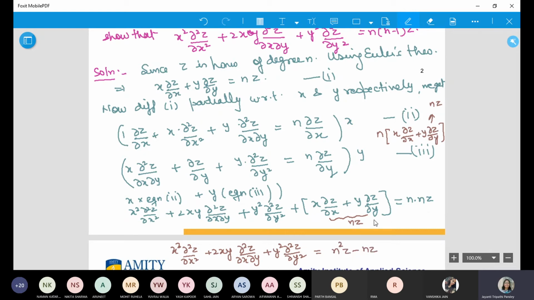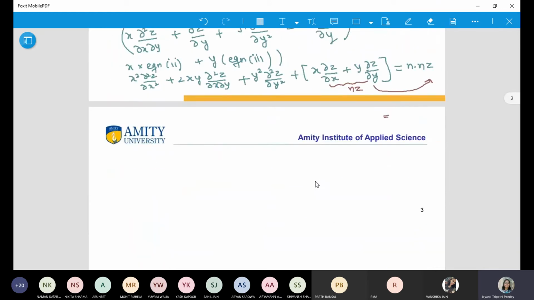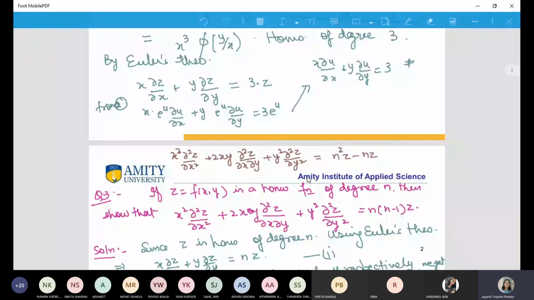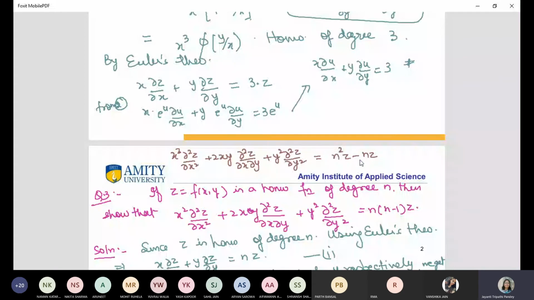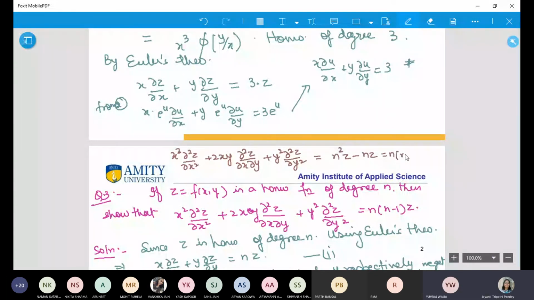This nz I have shifted to the right side. When you take out nz as common, what will you get? n minus 1 into nz, n into (n minus 1) z. And this is the result we were looking for. Is this understood? How do we go about it when we have second derivative?